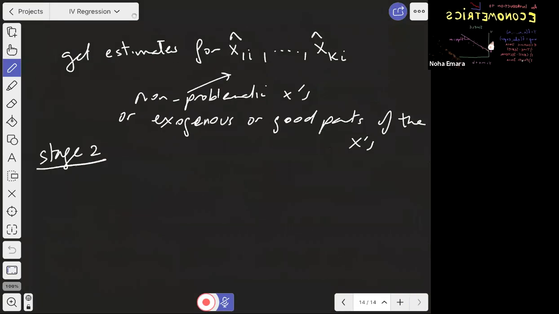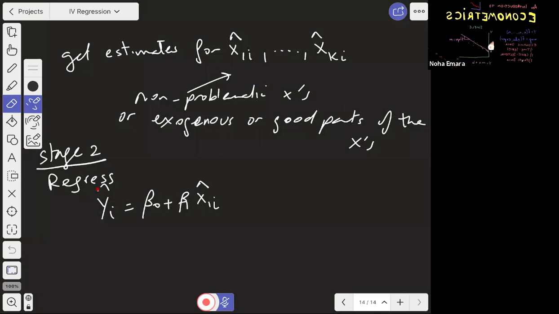So again, in stage 2, we're going to regress yi on beta naught plus beta 1 x1i hat, okay? I'm sorry, this is not xi, this is the yi, the main model.